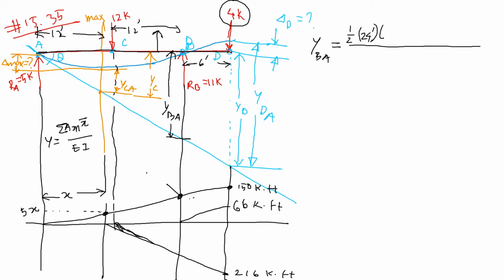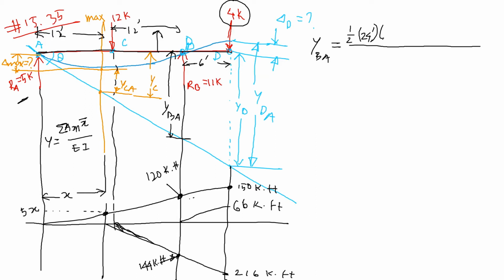So at this point it is 120k-feet. For this other point, I have the 12k load 12 feet away, so 12 times 12, that point's moment will be 144k-feet.